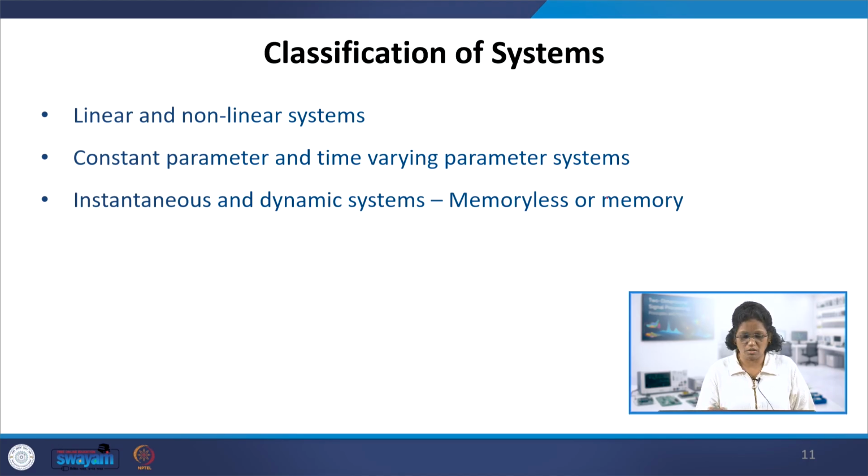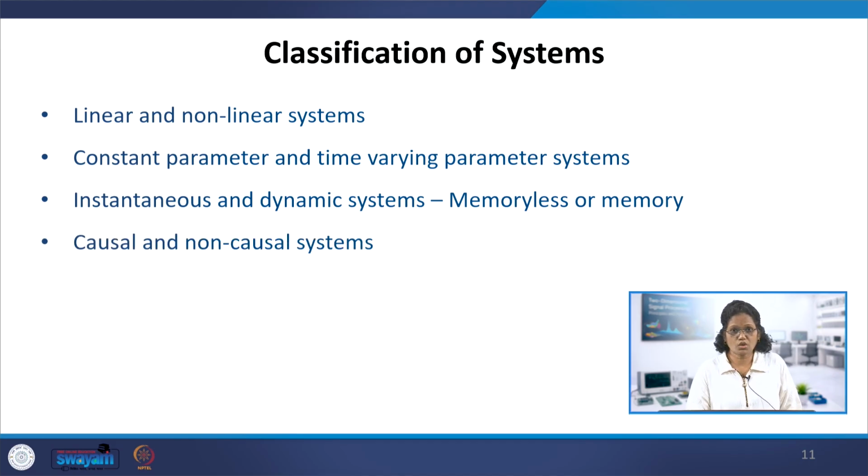That is a memory system, called a dynamic system. The instantaneous systems respond only to the present input x of n, and y of n can be obtained, so no memory is needed in this case. You need not store the past values of the input in an instantaneous system. So that can be instantaneous and dynamic systems, another classification.